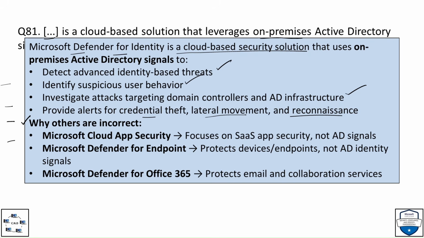So why are the other options incorrect? Microsoft Cloud App Security focuses on software as a service app security, not AD signals. Microsoft Defender for Endpoint protects devices and endpoints, not AD identity signals. And Microsoft Defender for Office 365 protects emails and collaboration services.